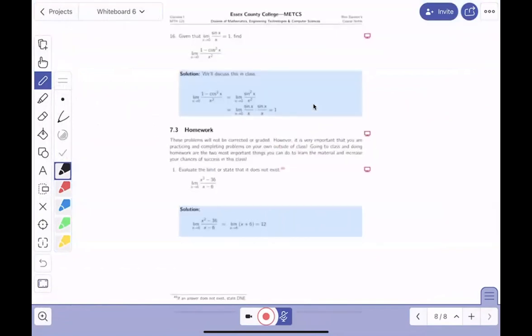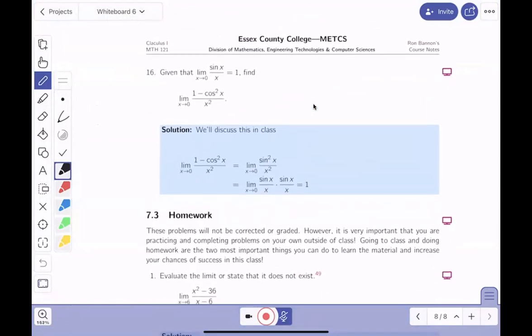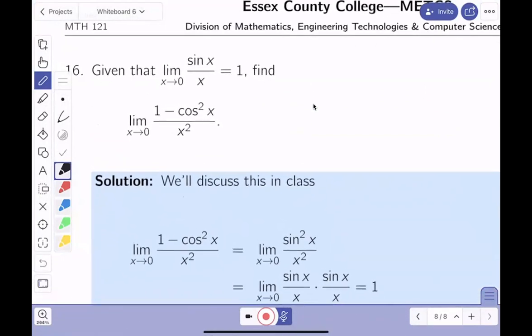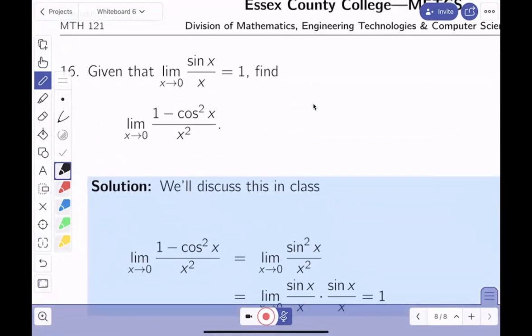16, last problem. It says you're given something. My fear is if I'm given something, they're going to want something, or they want this guy's limit. Well, I got to get it to look like this. And right now it doesn't look anything like that. Let's write this down.